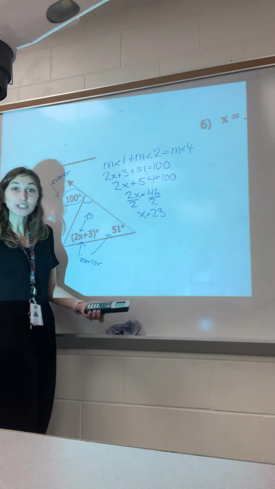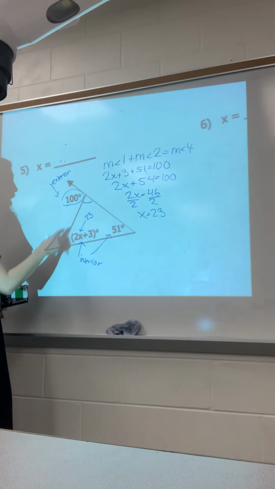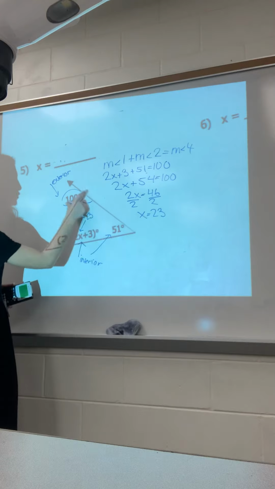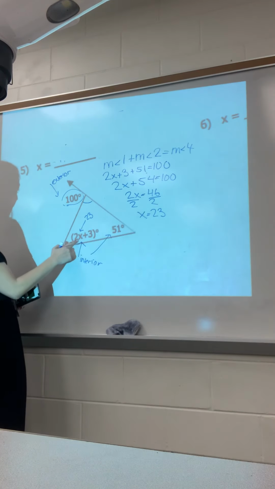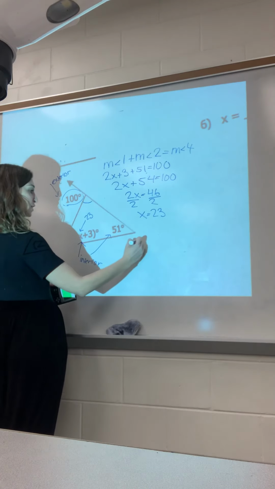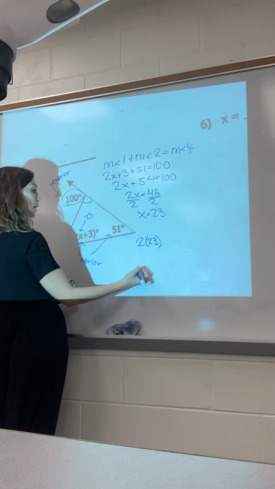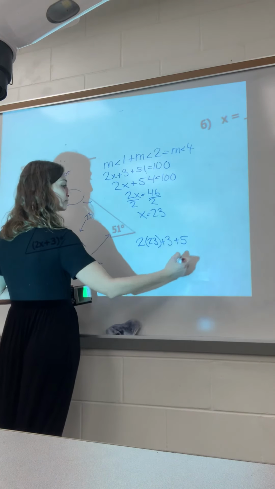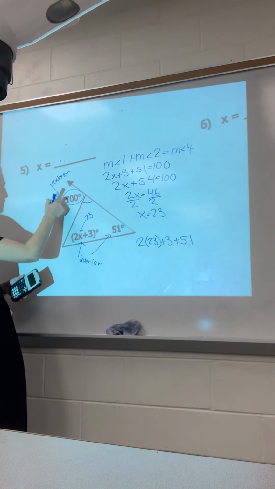Can I check my answer to see if it's right? I can. Here's what I'm going to do. I'm going to see if these two angles add up to 100. Okay? So I'm going to plug in 23 into x. So I'm going to do 2 times 23 plus 3 plus 51. And I'm going to see if that gives me 100, which is my exterior angle.